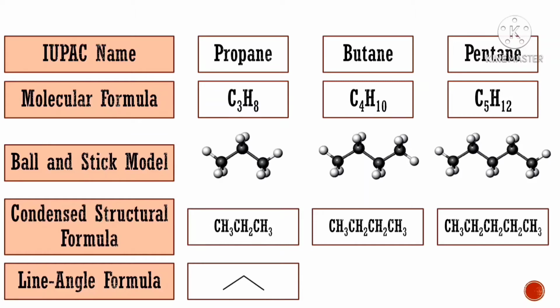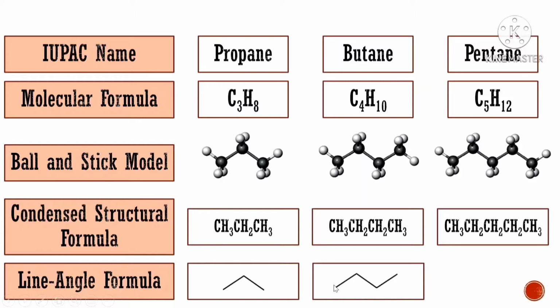To count hydrogens from a line angle formula, you simply add enough hydrogens in your mind to give each carbon its required 4 bonds. Chemists use line angle formulas because they are easier and faster to draw than condensed structural formula. So just to make it clear once more, this is a CH3 here, a CH2 over here, and a CH3 over here.